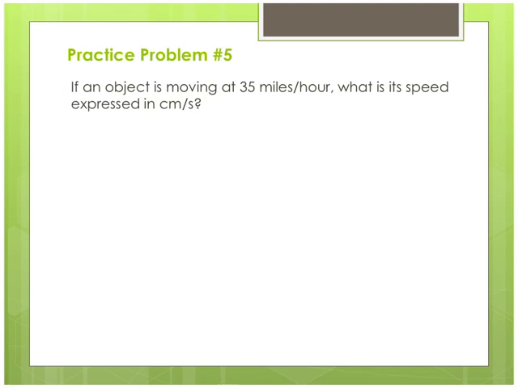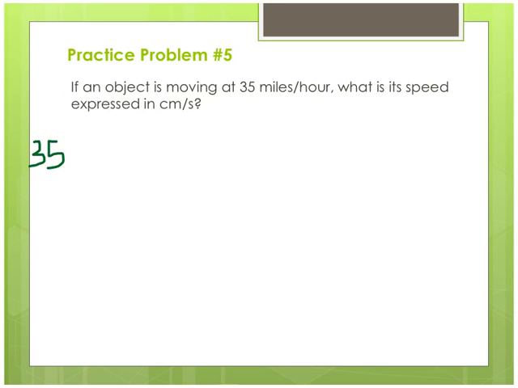Okay, last problem. We're going to go from miles per hour to centimeters per second. So we're going to go from miles to feet, feet to inches, inches to centimeters, and then hours to seconds. Here goes.